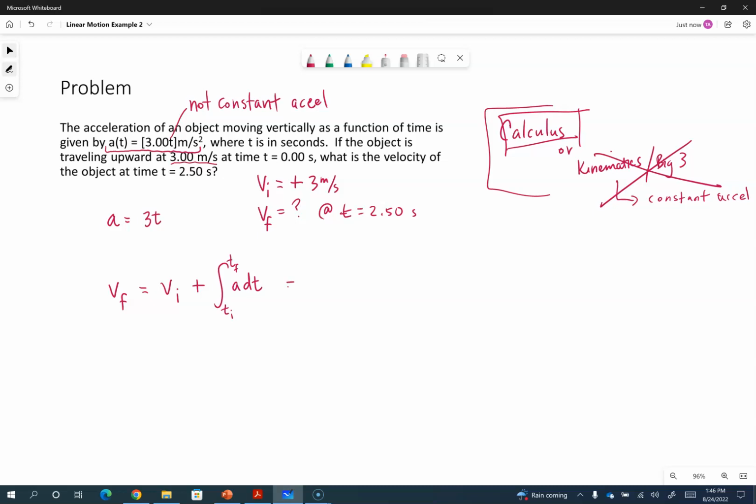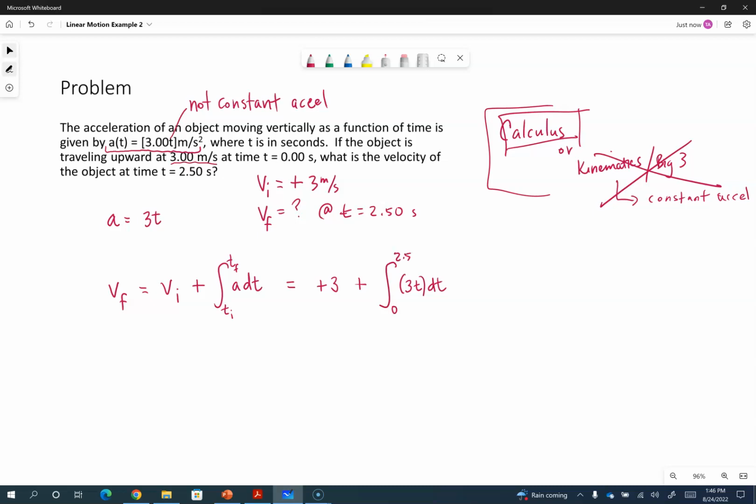So what we'll end up with here is our v initial, which we know is upward, positive, of 3 meters per second. And then we're going to integrate this function they've given us, 3t, with respect to time. Our initial time is 0 seconds.